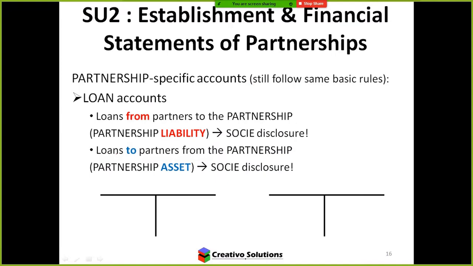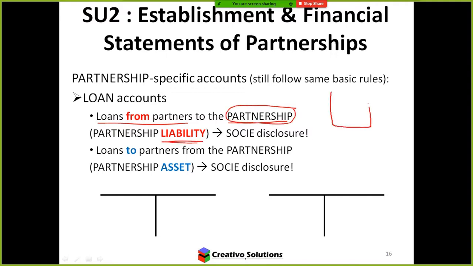All right, there's the note about the loan. You asked me, how would you record a partner's loan in the partnership? If you have a loan from a partner, the partnership will have a liability.